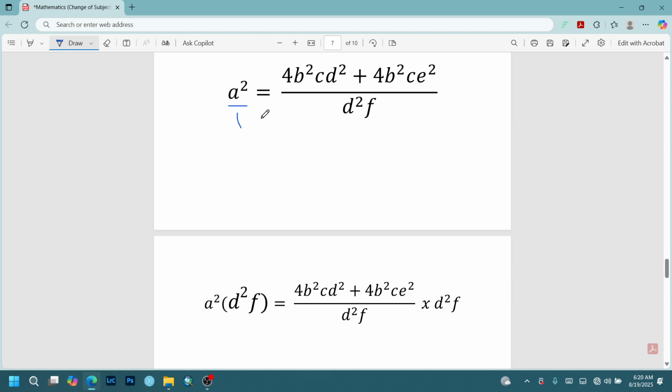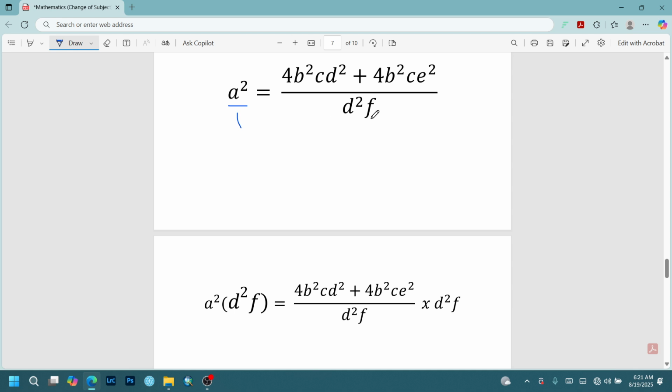Here, afterwards you don't multiply the two denominators as we do for fractions that are together, like the one we did earlier.